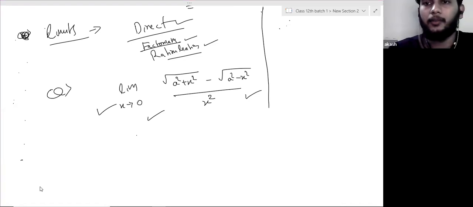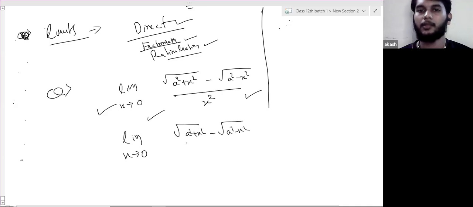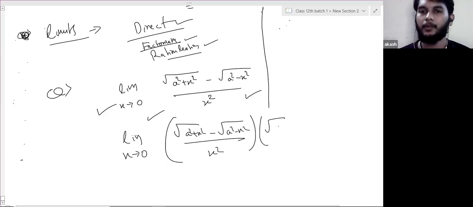All right, let's see how to solve this. We have limit x tending to 0, under root a square plus x square minus under root a square minus x square upon x square. We can multiply under root a square plus x square plus under root a square minus x square. Right, everyone?